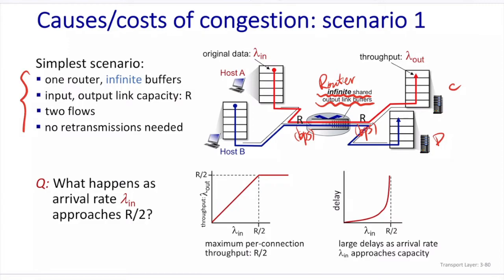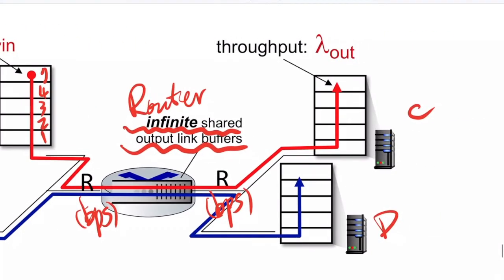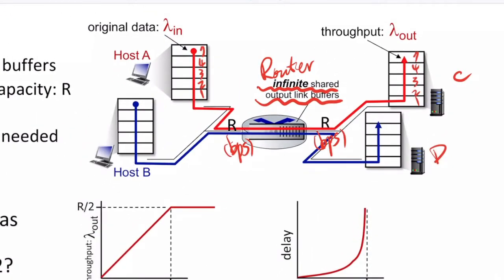Okay, so take a look at this one. We have layers 7, 4, 3, 2, 1, right? Think about one thing. If the message comes from layer 7, its sending rate is lambda in.